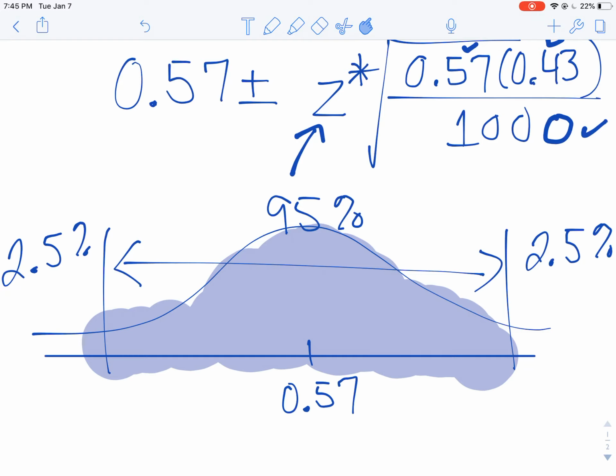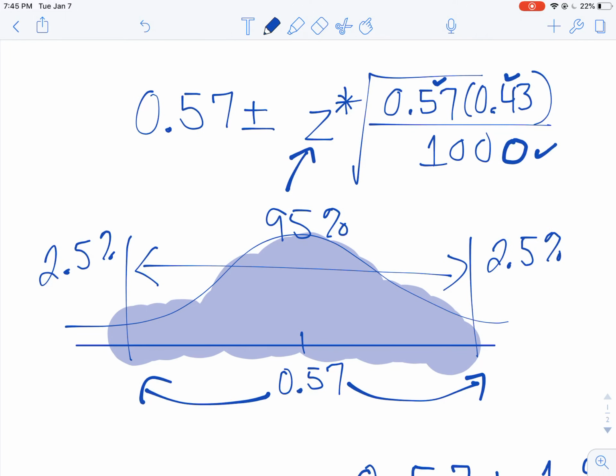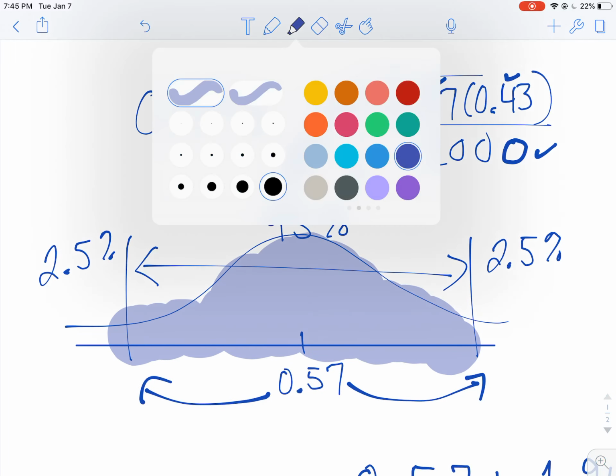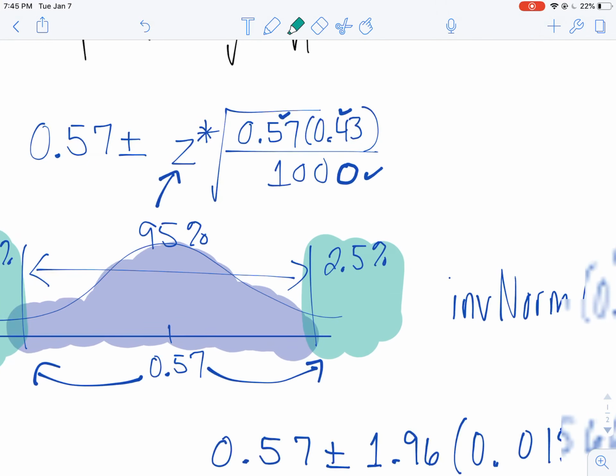Now, you'll notice that if we want 95%, that means we have to go out a certain number of standard deviations in each direction. What I also noted was that if we're looking at 95% in the middle, that means there's an additional 2.5% in each tail that we are not dealing with. Those tails are important. That will enable us to find the critical value.